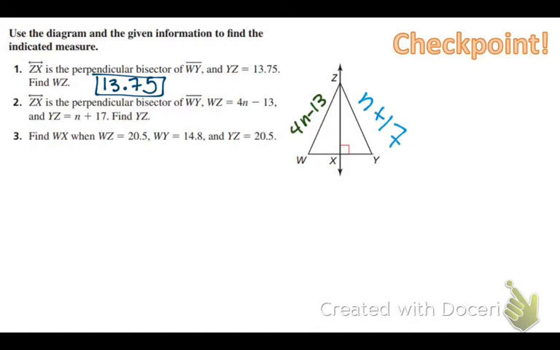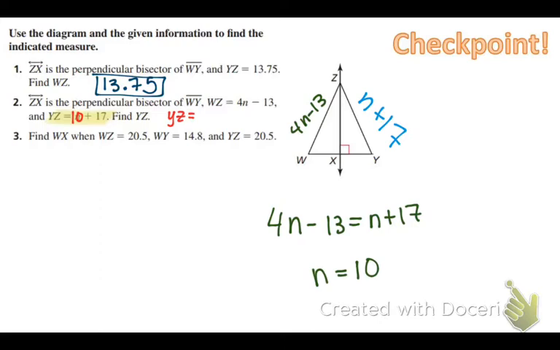What do we know about WZ and ZY? They're equal, so we could set them equal. So what do we get for n? 10. Good. Is that my final answer? No, I have YZ is equal to n plus 17. So if I know n is 10, that means YZ will be equal to 10 plus 17, which is 27. Good.